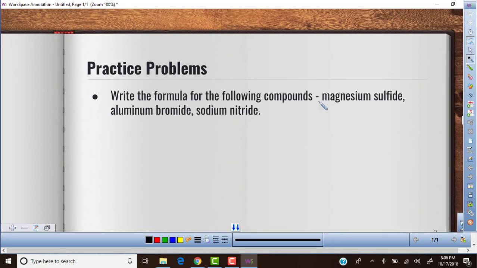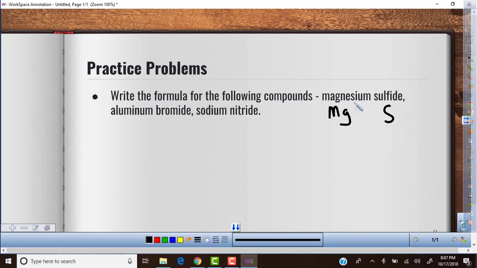Write the formula for the following compounds: magnesium sulfide, aluminum bromide, and sodium nitride. Well, let's break these down. Magnesium is Mg. Sulfide refers to sulfur, S. Let's take a look at our periodic table and determine the charges.